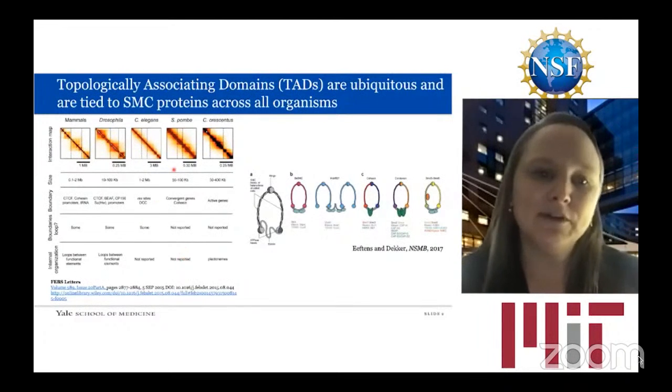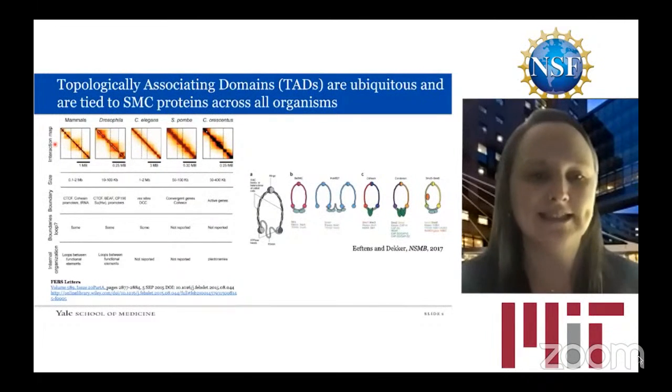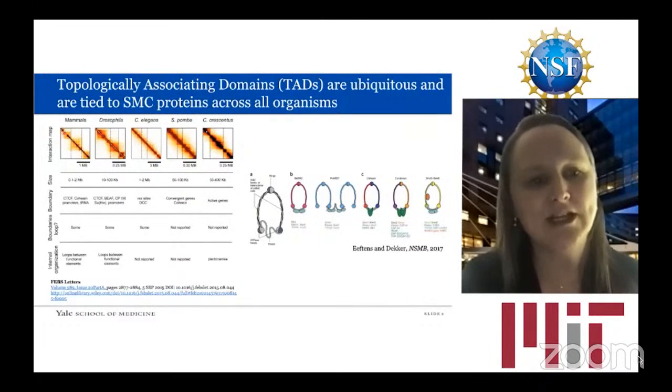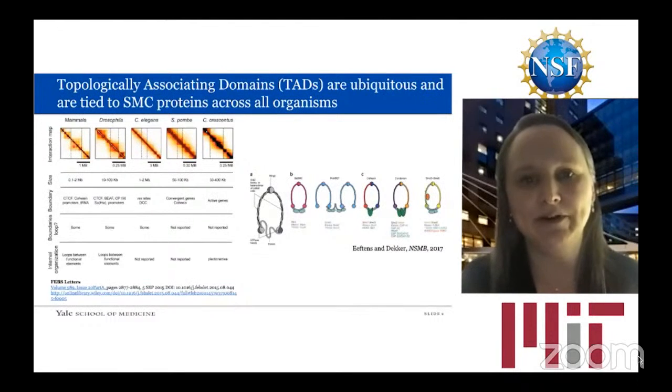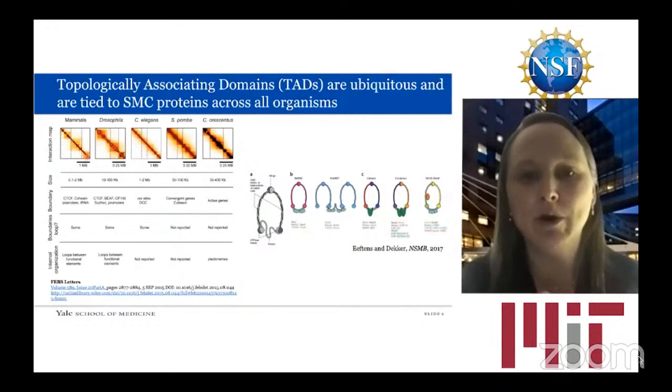TADs have really been revealed by techniques like Hi-C, and I'm showing some contact probability maps, or interaction maps, that come from Hi-C data, where you can appreciate as you look down the chromosome, there are regions of relatively high contact probability, and then there are boundaries that segregate these regions from upstream or downstream TADs, which again have higher contact probability within these topologically associating domains.